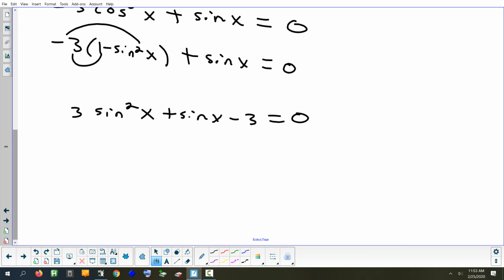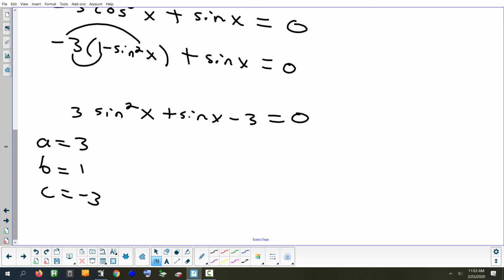Yeah. Quadratic formula. So this is the first one we've had to do with quadratic formula, so let's see what happens. What would A be? Okay. B is 1, and C?